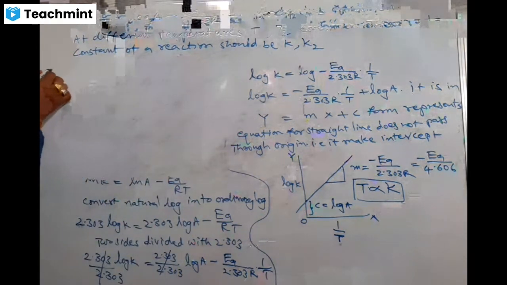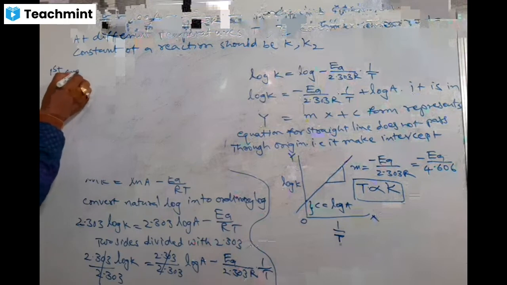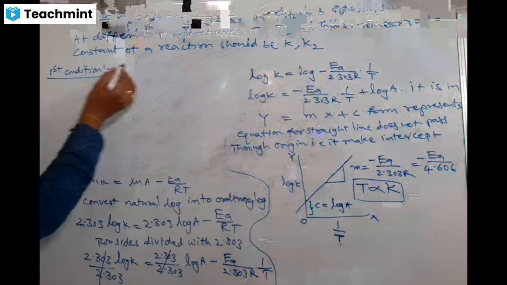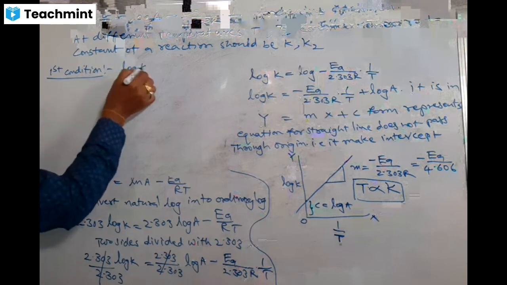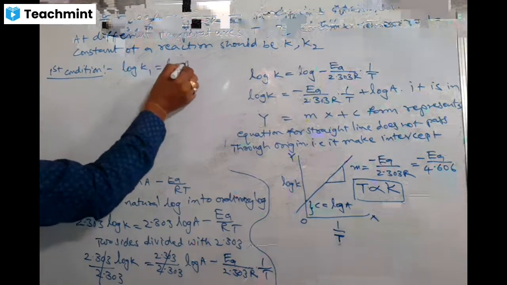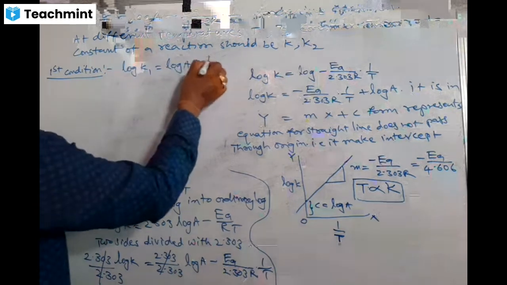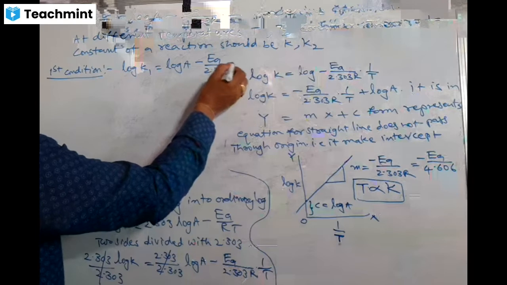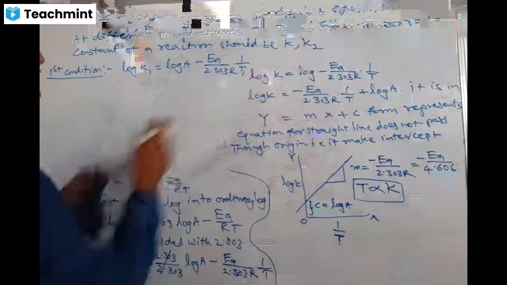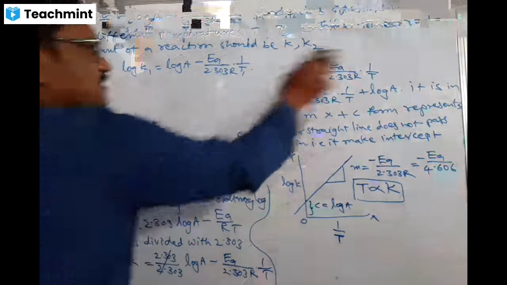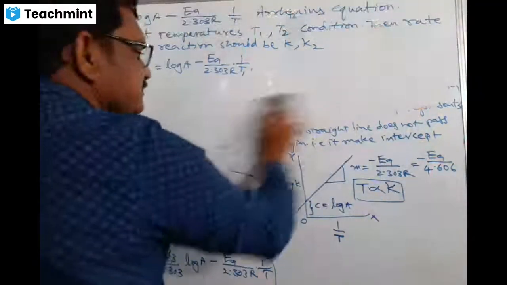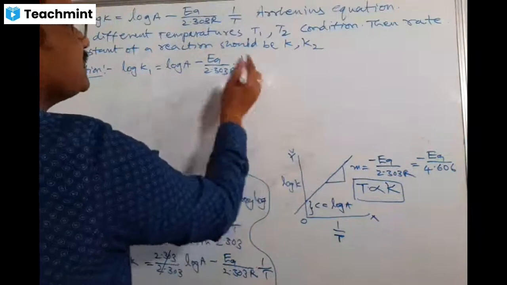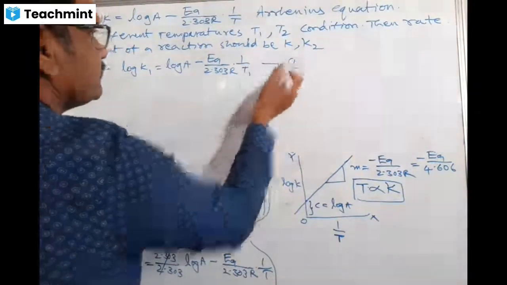See, the first condition means the T1 condition. log K1 is equal to log A, the Arrhenius constant, minus EA by 2.303 R, into 1 by T1. This is the first condition, that means at temperature T1. We call this equation 1.